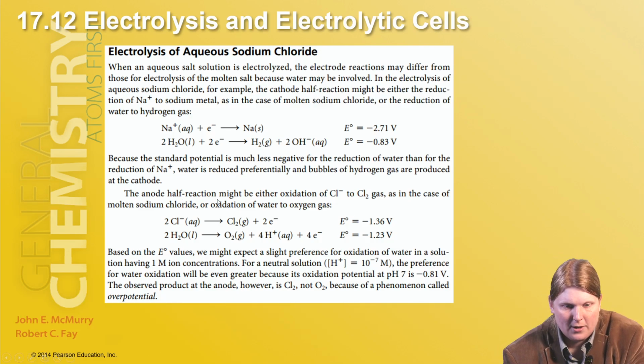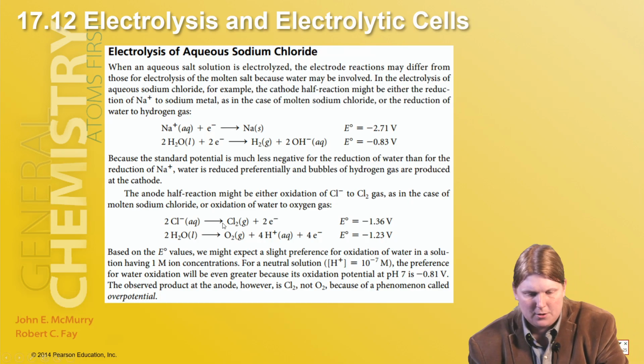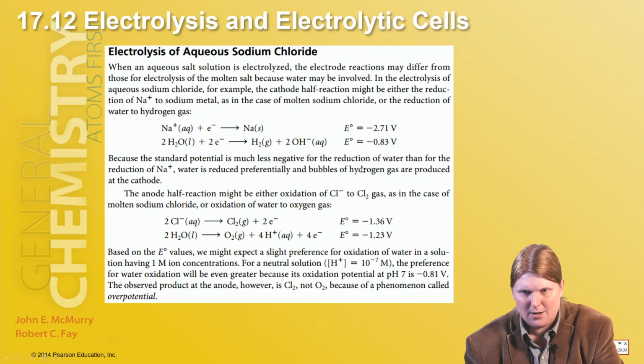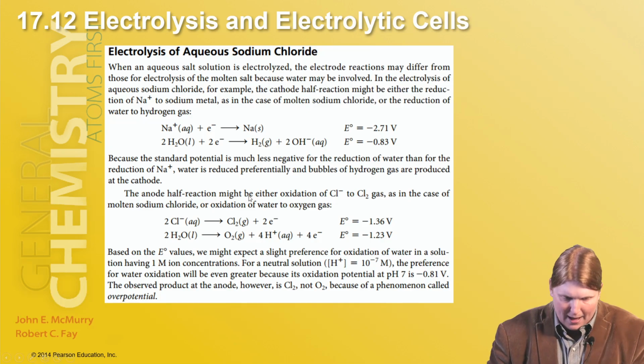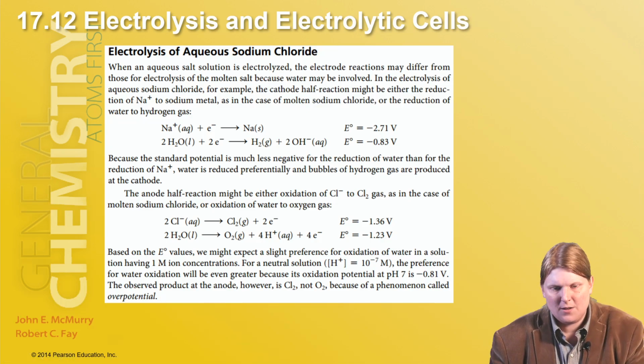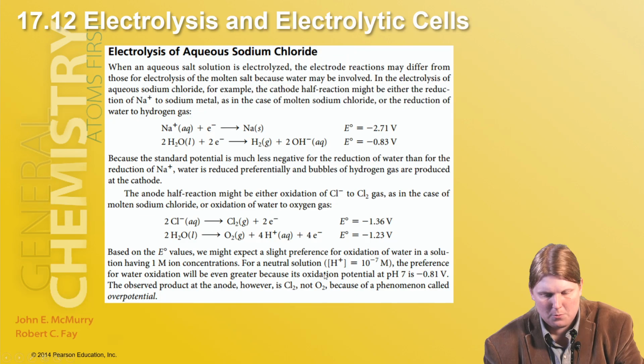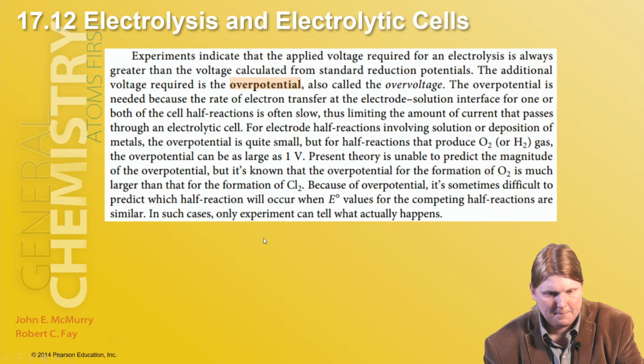So if you electrolyze water with this salt, you won't get hydrogen and oxygen. You'll get hydrogen and chlorine. That's why it matters which salt you pick as your conductive salt when you electrolyze water, because you may not get the products that you expect.